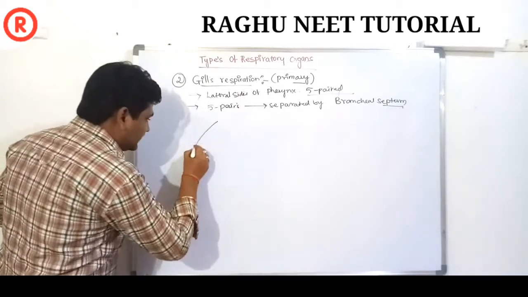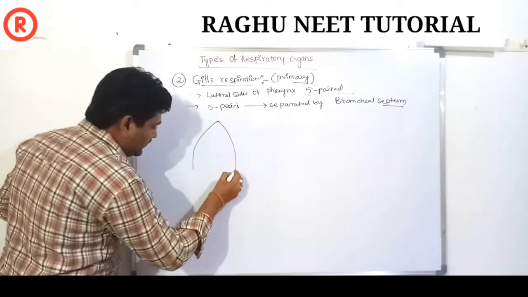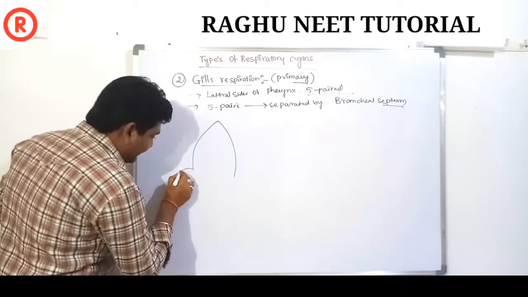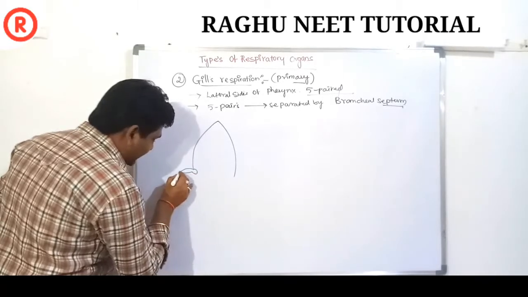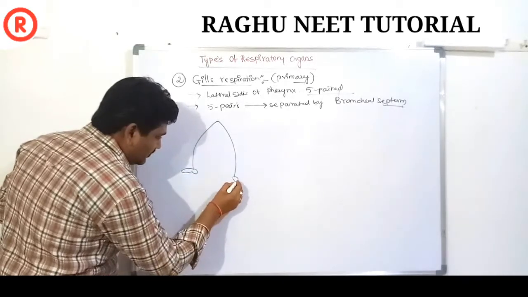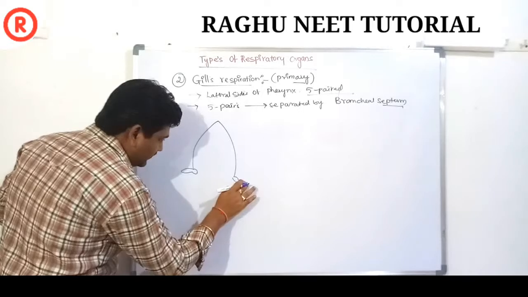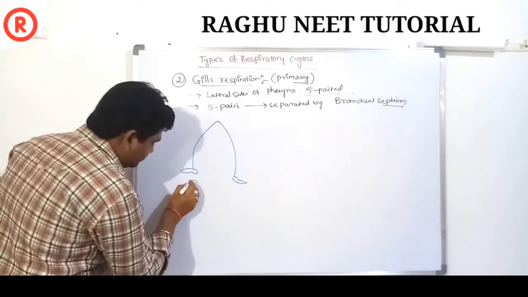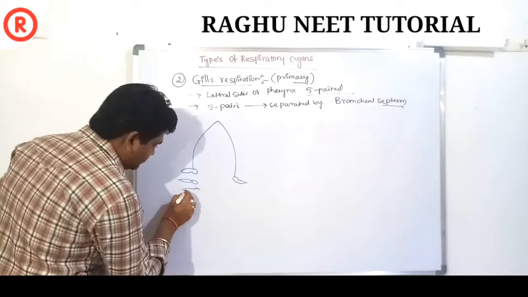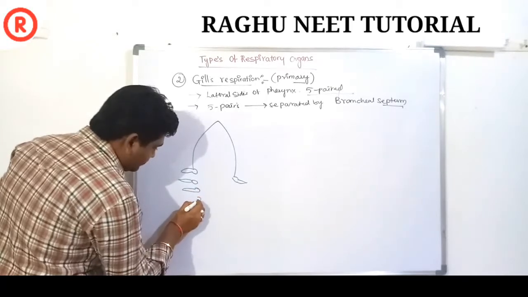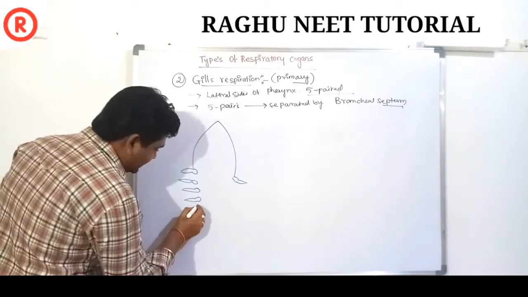In fishes, the primary gill is directly attached to the cephalic region, below the cephalic region. This is the pharynx.